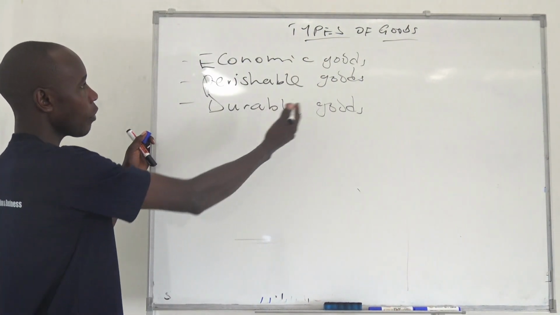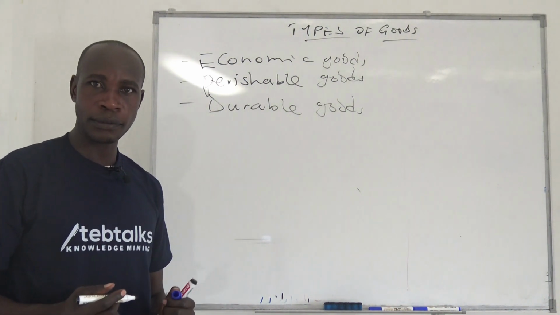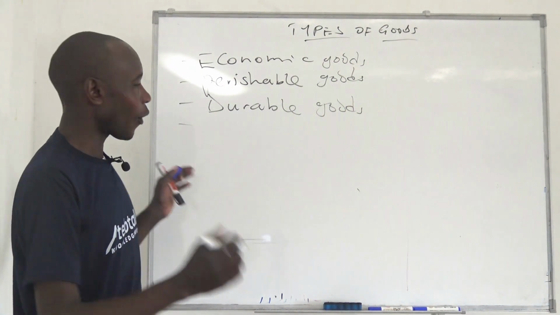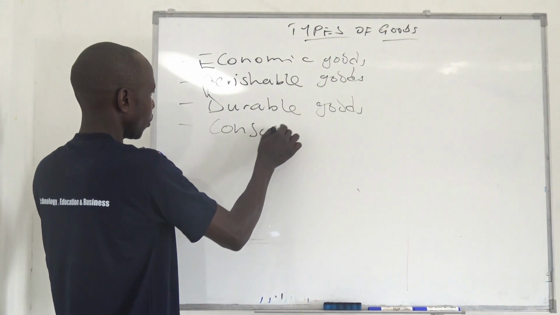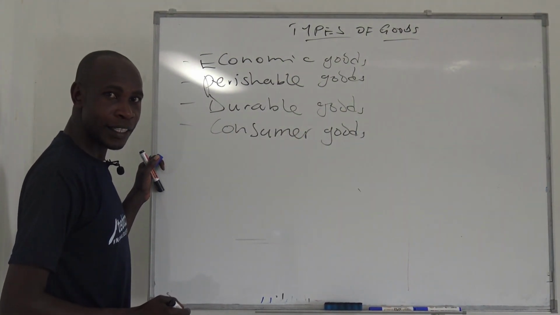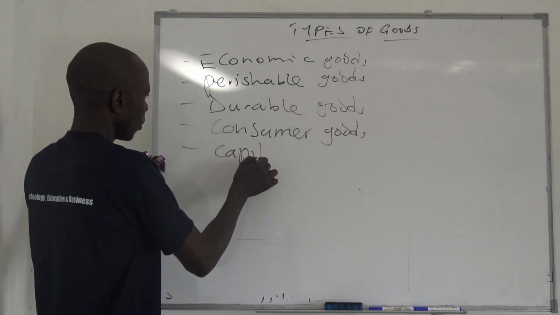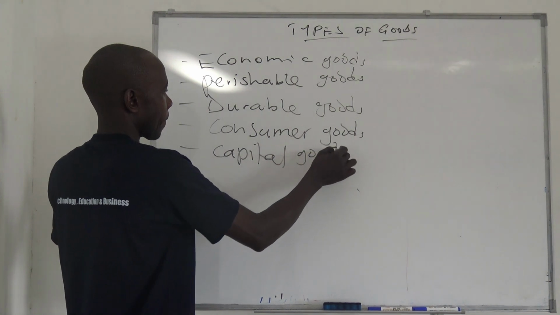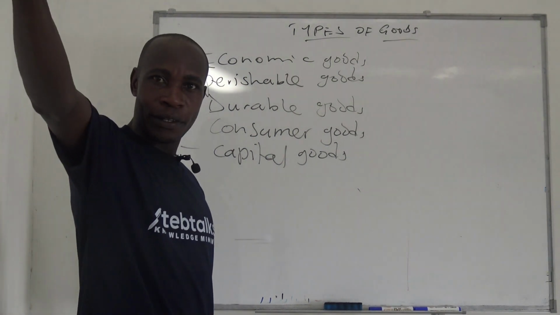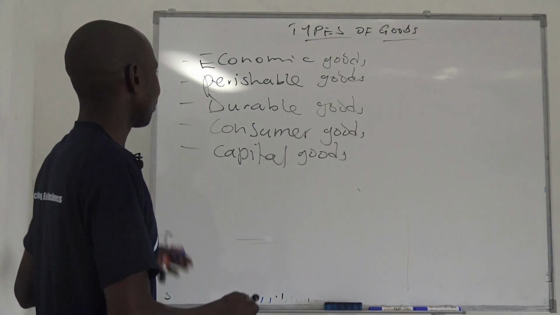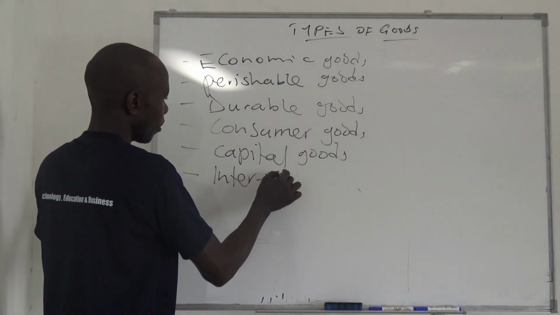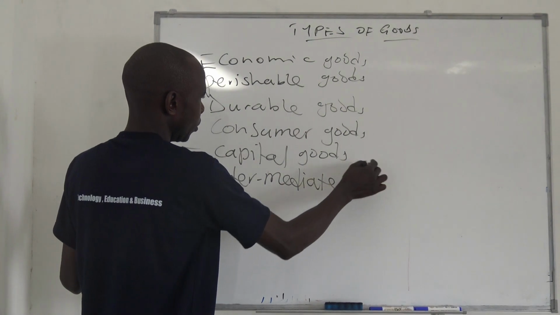We had economic goods, perishable goods, durable goods. What else do we have? Yes, please. Okay, consumer goods. What else? We had capital goods. Okay, behind there, at the end: intermediate goods.